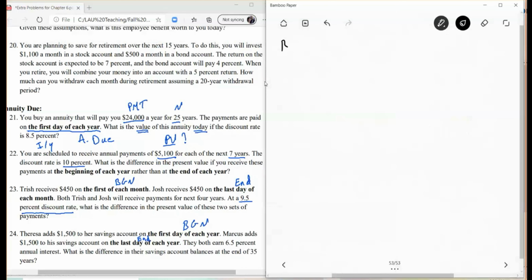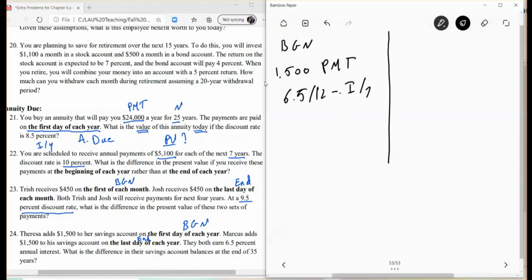So this time I need to find the difference between the future values between the begin annuity and the end annuity. So while I'm in the begin mode, I have 1,500. This is the payment. 6.5 divided by 12. This is IY.